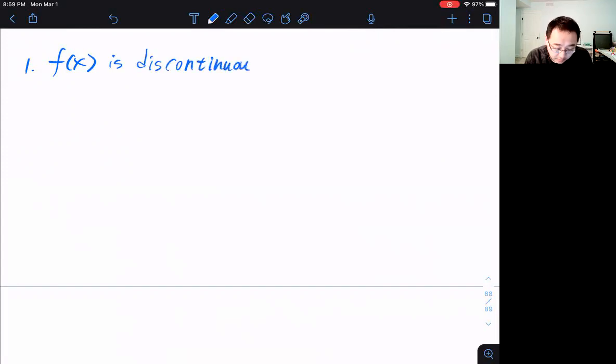Now, not all functions are differentiable at a given point. One, if f of x is discontinuous at x equals a, where a can be any real number, then that function is not differentiable, so you cannot take a derivative.